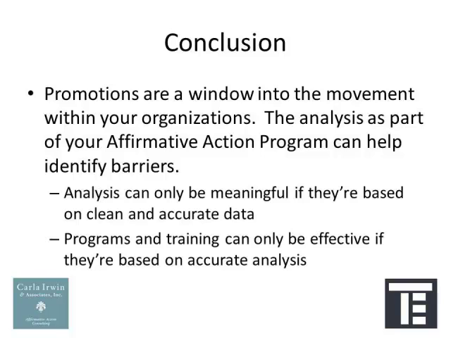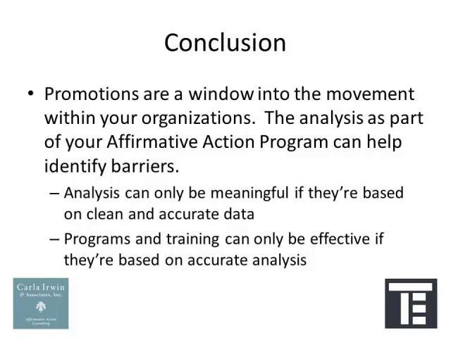So not only under affirmative action do you have the requirement to do your adverse impact and find where you have issues, but it's to find those issues and barriers that you have with regard to EEO, and then also create programs to eliminate them. And if you don't have clean data, good analysis, good processes and policies and procedures, any programs that you put together are not going to be effective.